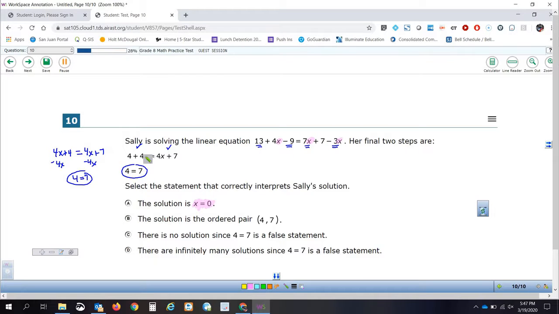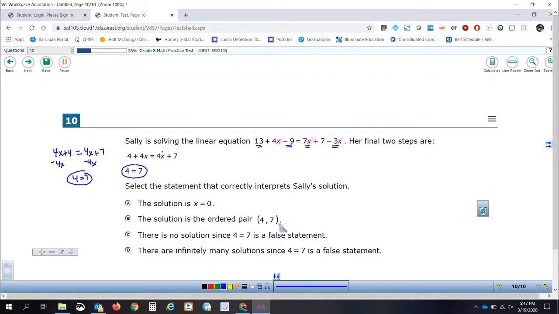Well, since this is the simplified part, let's do it right here. What happens when you multiply 4 times 0? It goes away, and that goes away. Does 4 equal 7? The answer to that is, of course, no. So it does not mean that x is 0. X is 0 does not make the equation true.